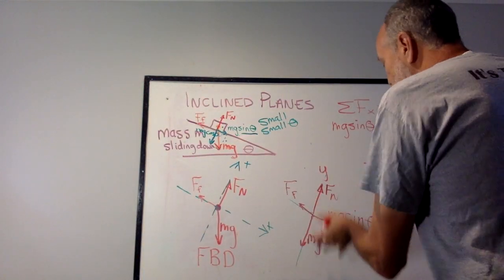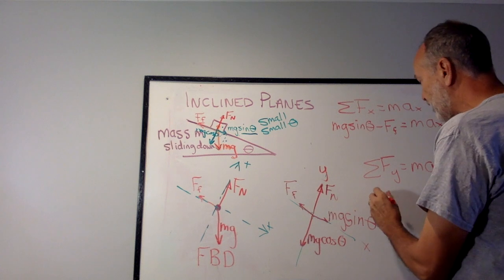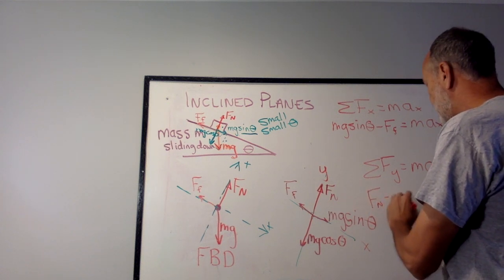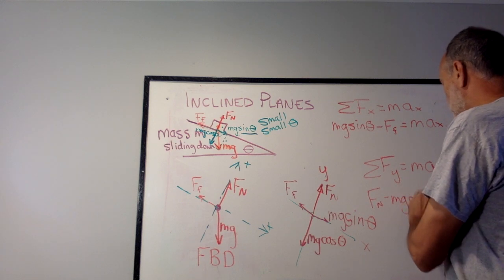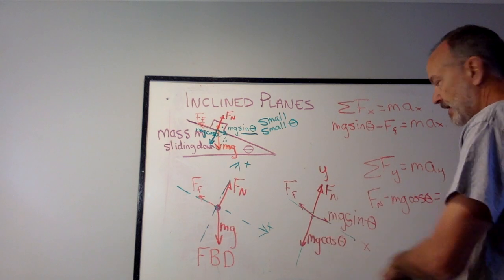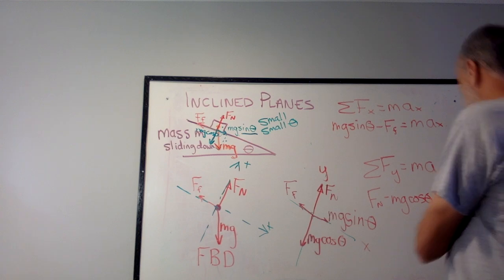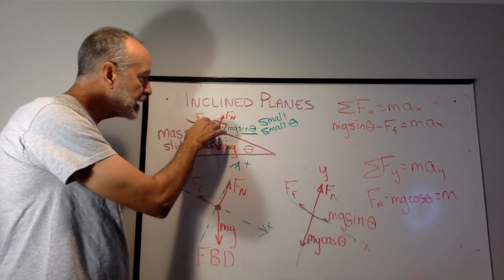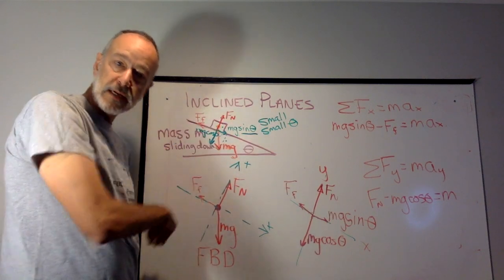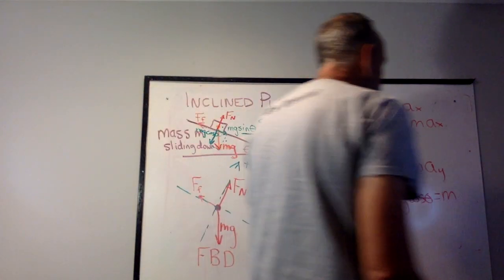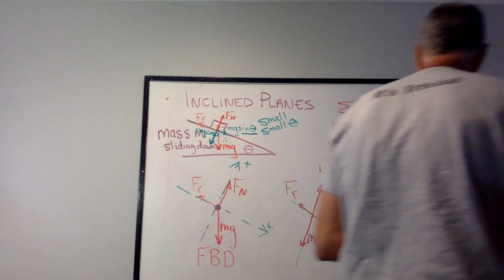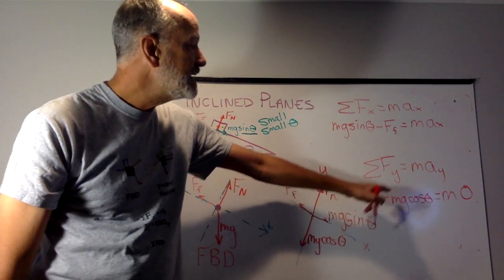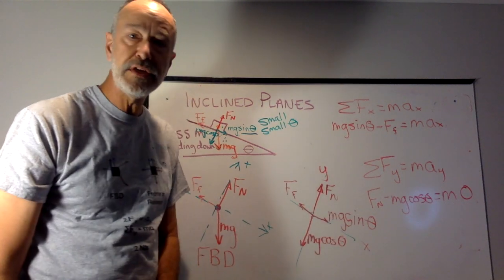So in the y direction, we've got an interesting thing. We've got the normal force pushing out, and we've got mg cosine pushing in, pushing down in the negative direction, equals m times the acceleration in this direction. This block is not going to fly off the ramp. The block is not going to plunge into the ramp. This acceleration is 0. So what we found is the normal force will be equal to mg cosine theta.